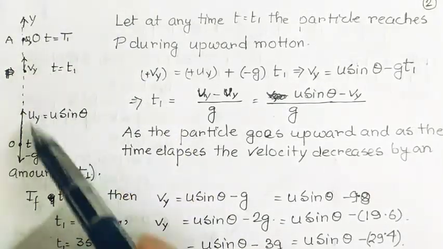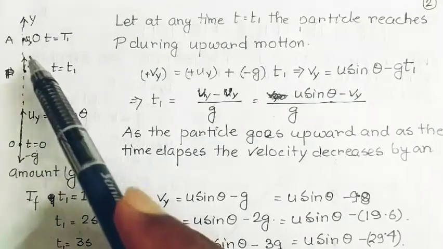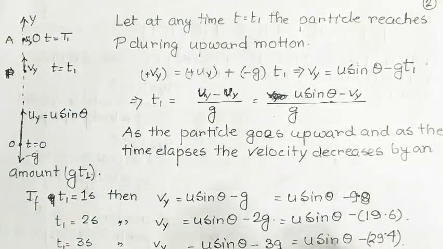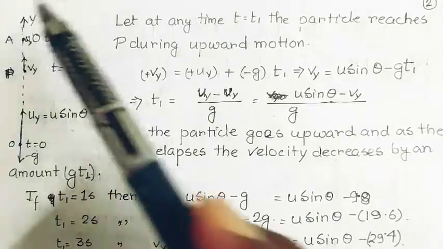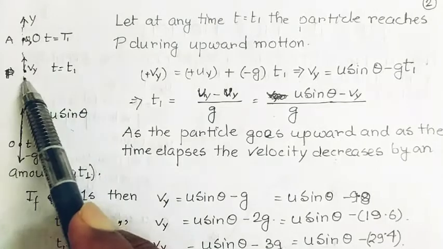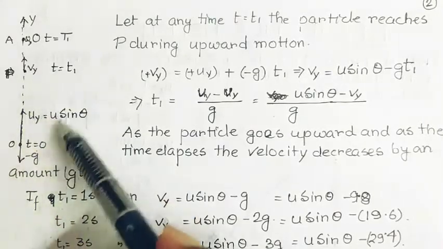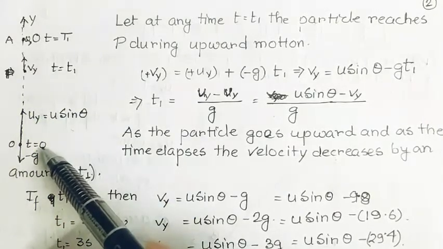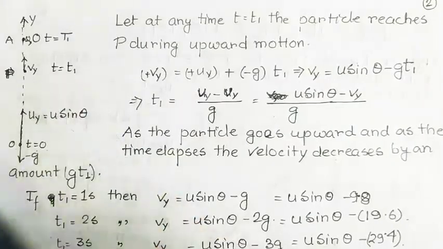The time taken to reach from O to capital A is capital T1, and the time taken by the particle to reach from O to P is small t1.